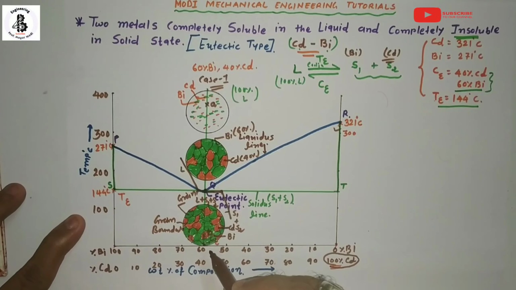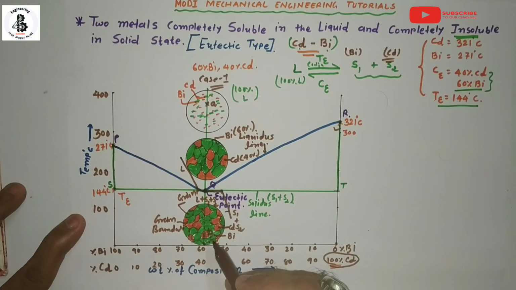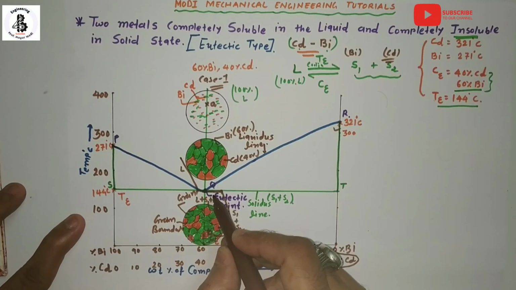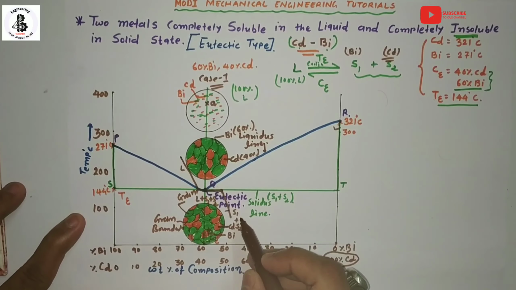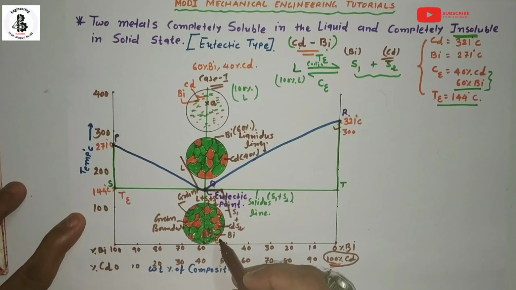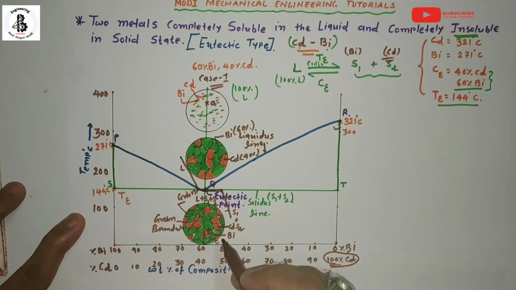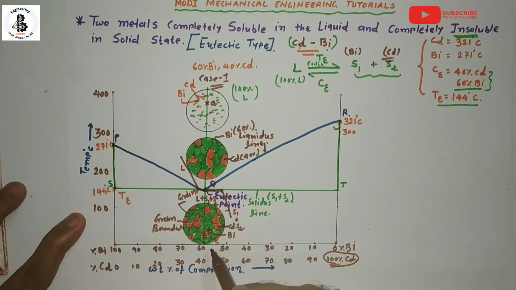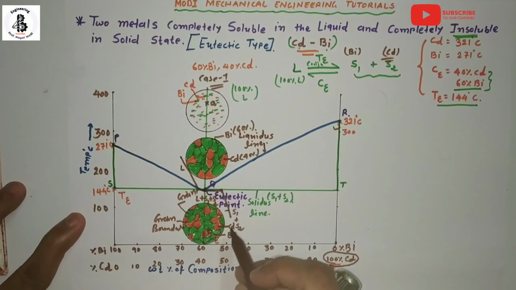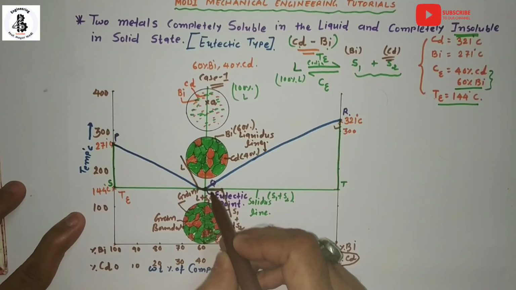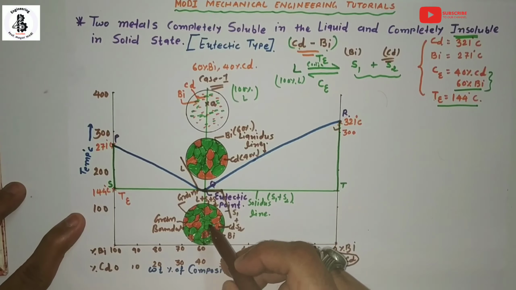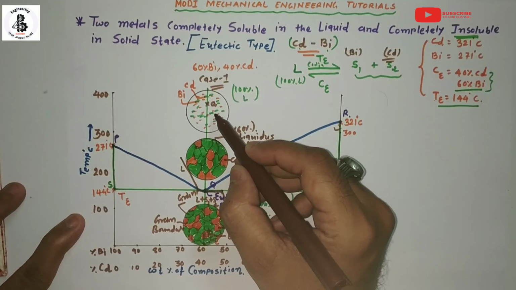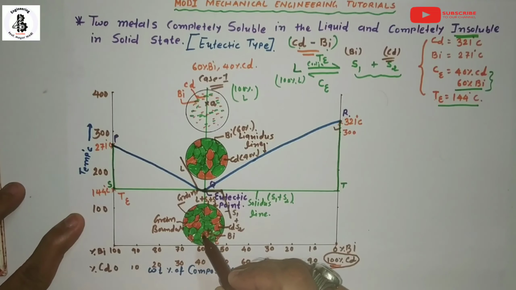So finally at room temperature, the eutectic composition solidifies at a constant temperature and forms bismuth and cadmium side by side in alternate laminas, which is called the eutectic structure. This eutectic structure only forms if your solidification process, or phase transformation process, passes through the eutectic point.